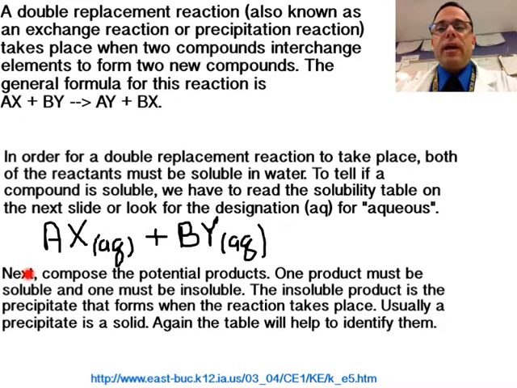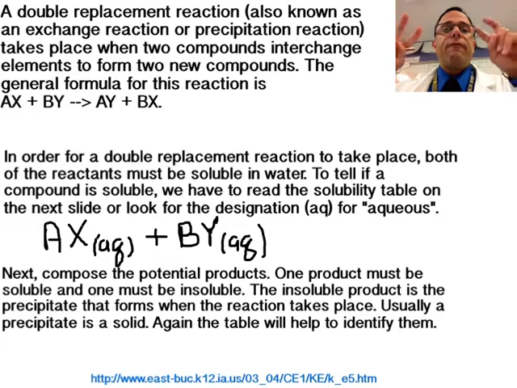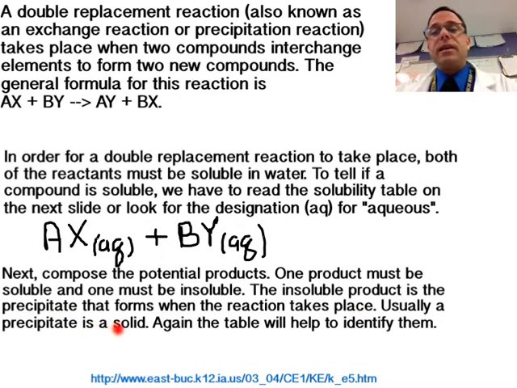Now, what we have to do next is compose the potential products. One product must be soluble, and one must be insoluble. That means it would become a solid, or it would fall out of solution. The insoluble product is the precipitate that forms when the reaction takes place. Usually a precipitate is a solid.